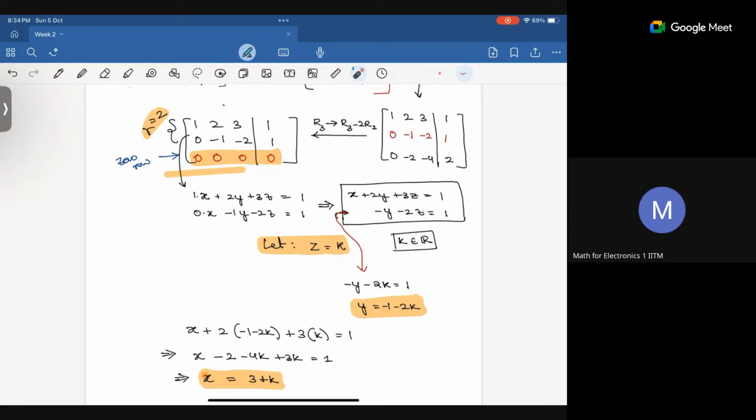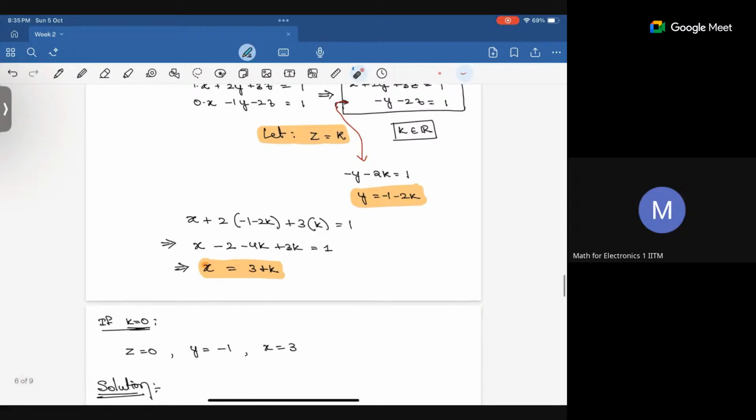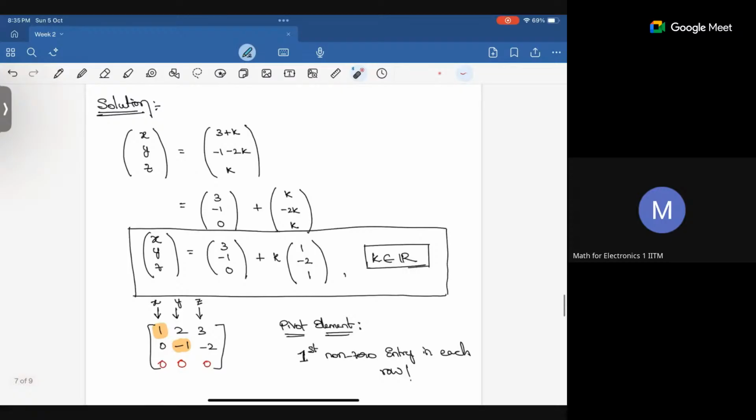Once Z can take a free value, Y and X are dependent on Z. So if Z is k, Y is -1 -2k, right? And X is 3 plus k. And this gives us the complete solution. Is this clear now?